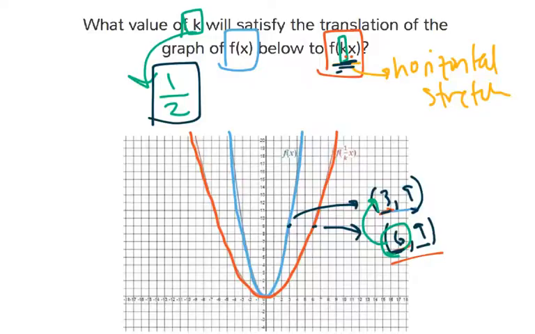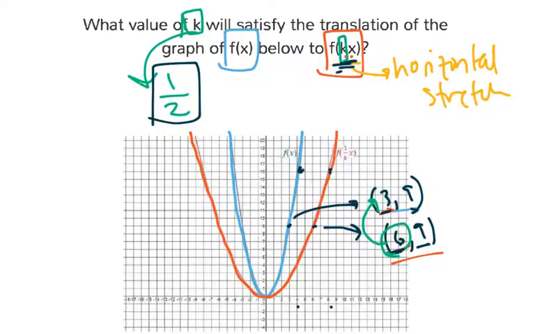You can see that again if we look at x equals 4 in my original function. I get (4, 16) as the point here, and then I get the same output of 16 for f of k times x when my input is 8.